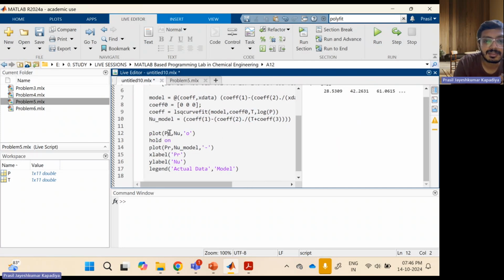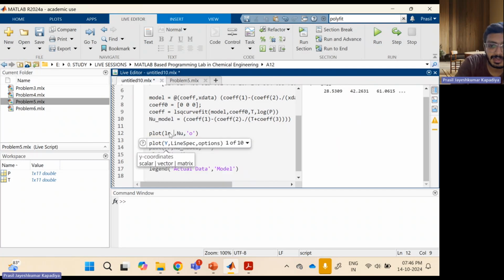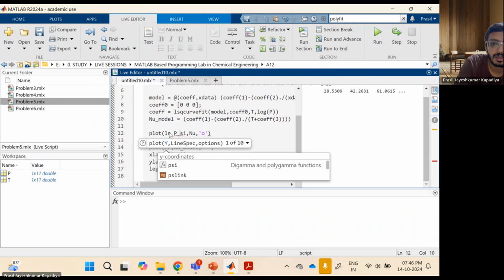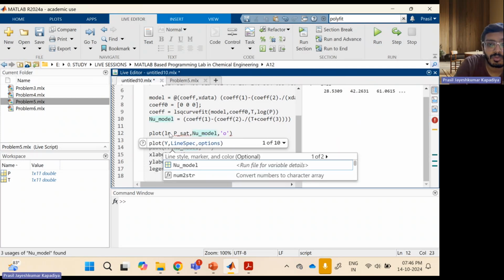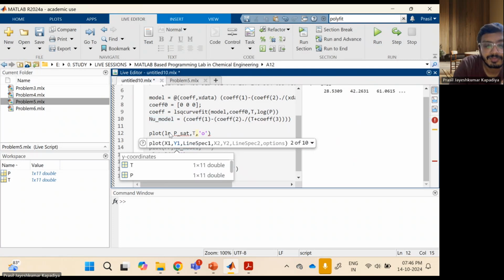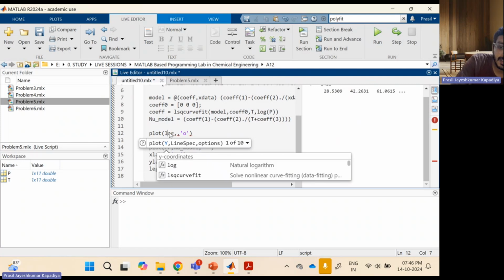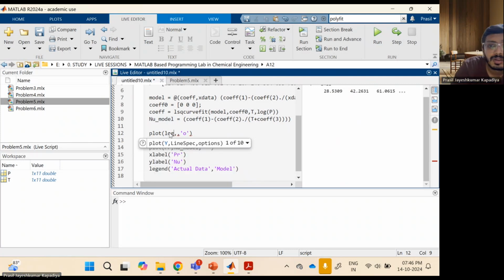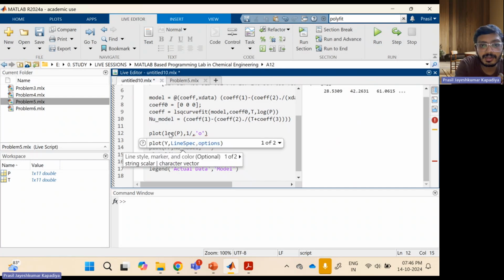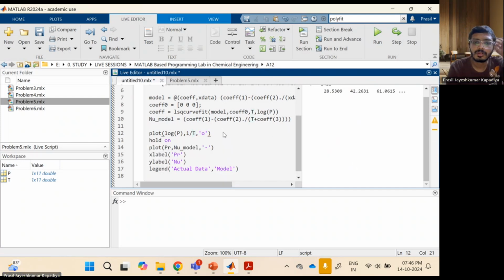So what do I plot on my x-axis? I generally plot ln P sat versus 1 by T. So on x-axis it is log of P, and on my y-axis it is 1 divided by T. Okay, and what is predicted?